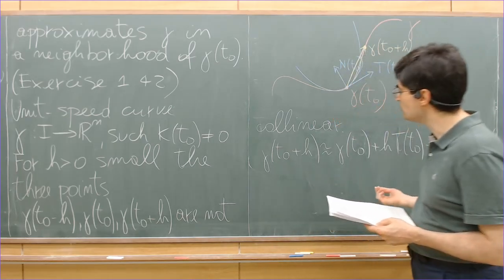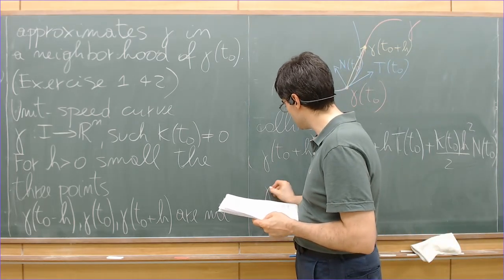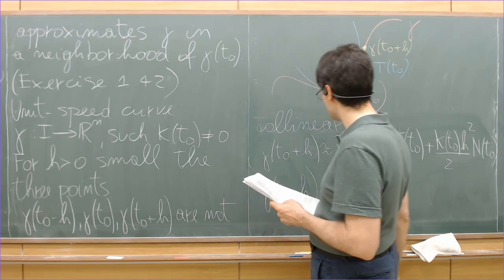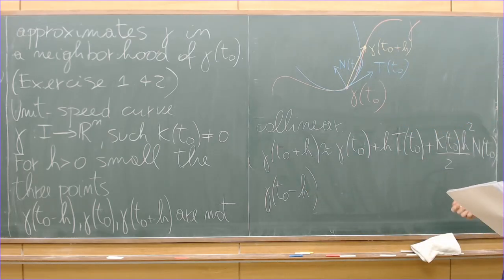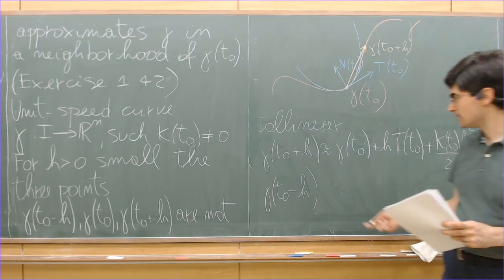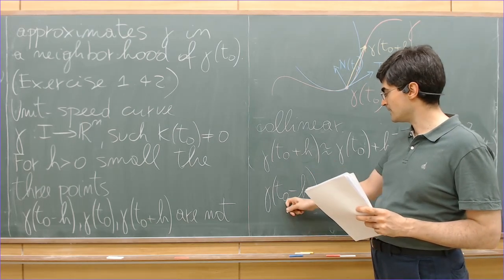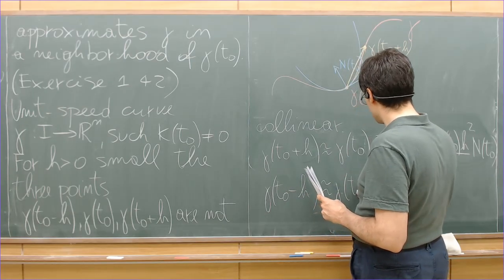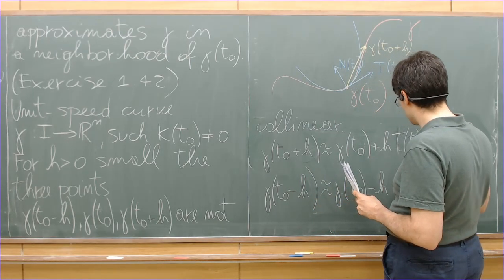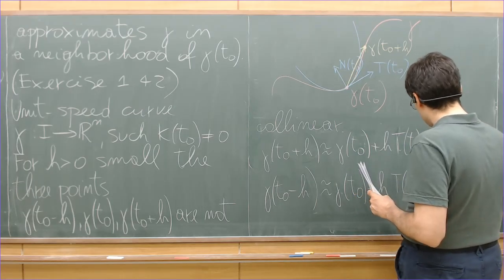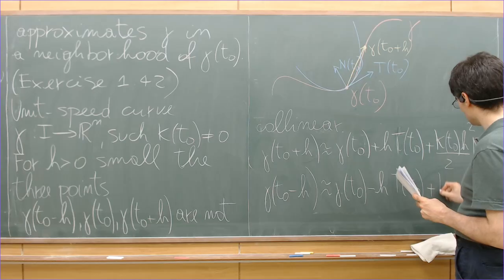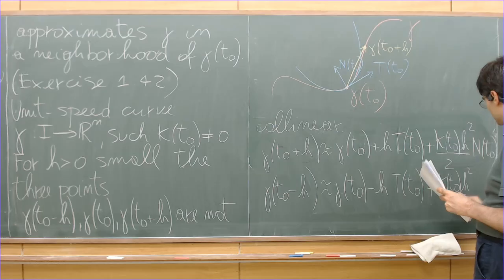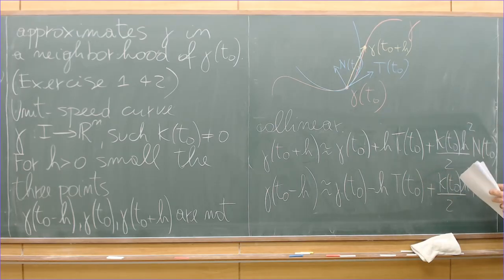And if we write down the Taylor polynomial when plus h is replaced by minus h, we get gamma t0 minus h t0 plus k t0 h square over 2 times n at t0.